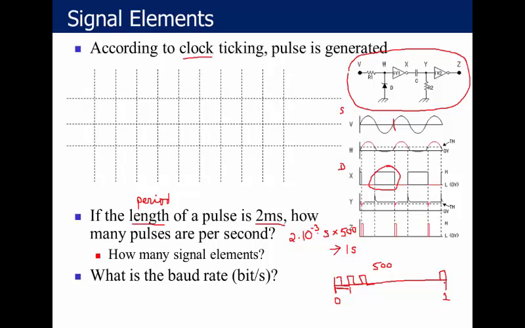If we reach 1 second, then we could have 500 of such. For signal elements, one pulse can be one signal element. We cannot divide that pulse. The pulse is the minimum, the unit, the primitive. So that is one signal element, and we might have 500 signal elements.